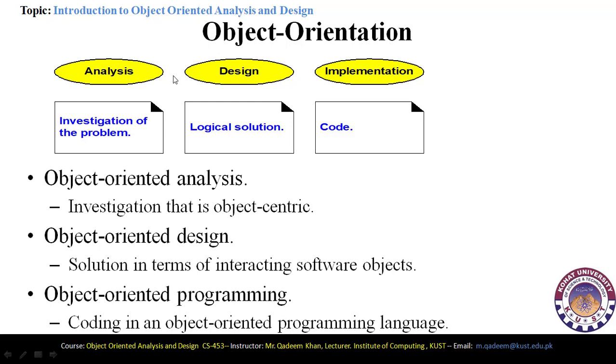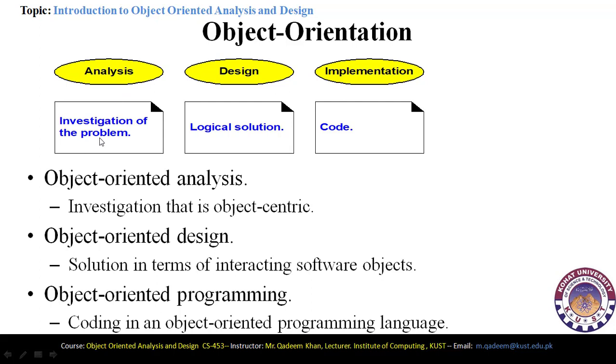Now, object orientation. When we perform object-oriented analysis, first we have to perform the analysis, then we have to do the design, and at the end the programmers will implement the design using certain tools and technologies, for example Java. So in object-oriented analysis we investigate the problem.